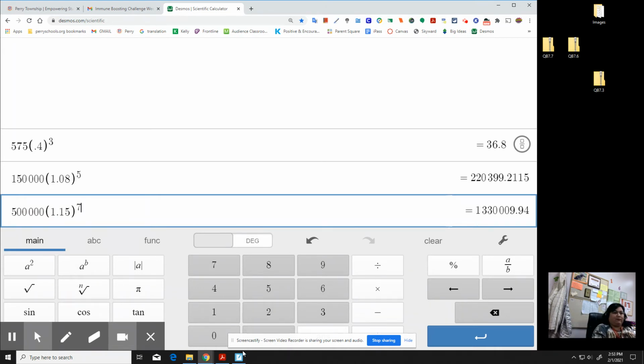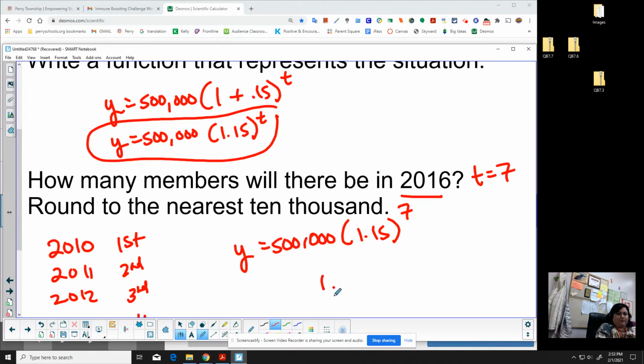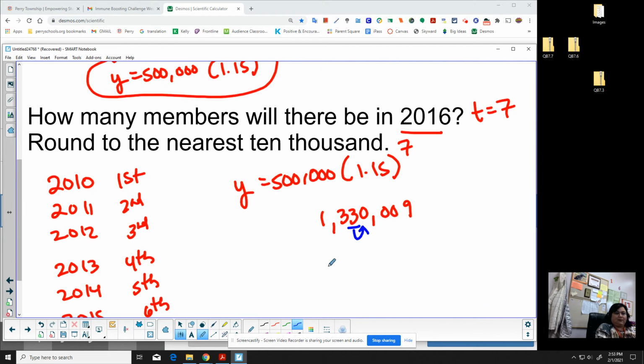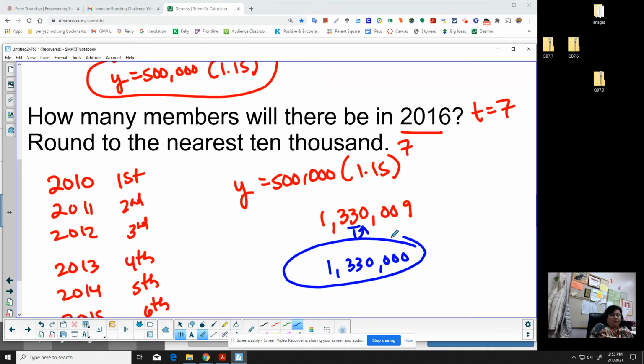Let's see if there's any rounding. Round to the nearest 10,000. Well, 10,000 is here. So my answer then would be 1,330,000, and the rest of these become zeros. So did it go up? Well, yeah, it was 500,000 and it went up to over 1 million. So yeah, it definitely went up.